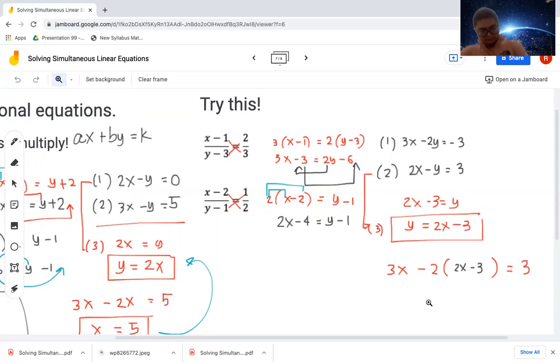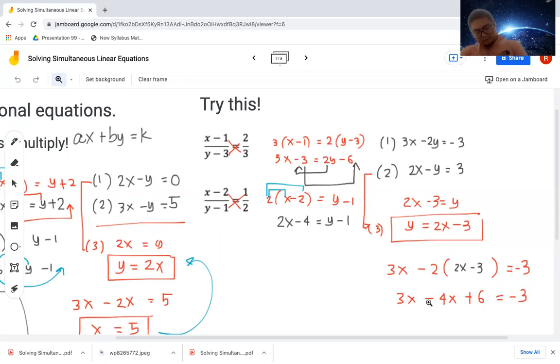negative 3, I mean, negative 3. So, in this case, if you're going to calculate this, this will now give you an expanded version of 3x minus 4x, and then the other one is going to be plus 6 is equivalent to negative 3. And we simplify the x.